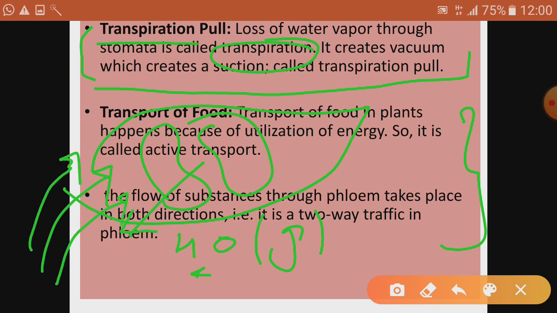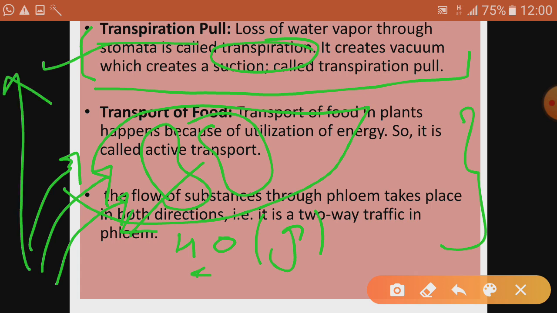That pull which is created is known as transpiration pull. So this is the most acceptable theory, that is called transpiration pull, that leaves continuously lose water. Because of that water loss, a suction is created. Because of suction created, a pull is created, that is called transpiration pull, and water moves in upward direction.